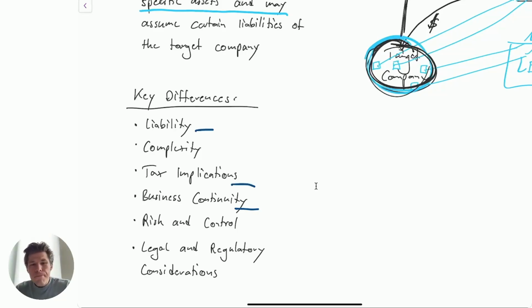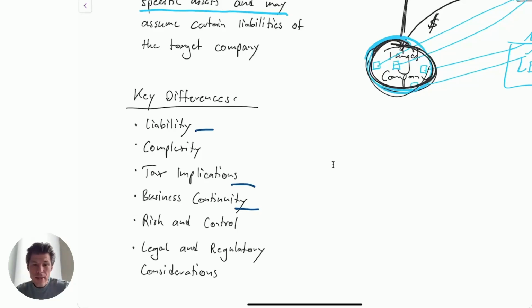In an asset deal, usually shareholder approval is not required, only if the assets being sold represent a substantial portion of the seller's business. However, some assets may trigger regulatory approval, especially for industries like healthcare, banking, and so on. But, as discussed earlier, each asset class may have unique legal requirements for transfers, such as title deeds for real estate or patents for intellectual property.